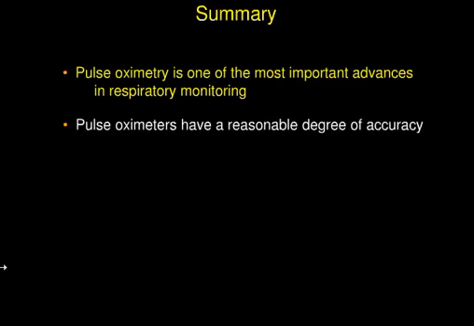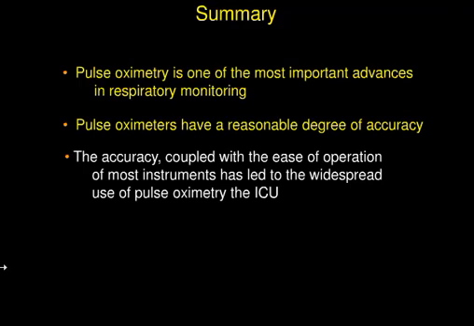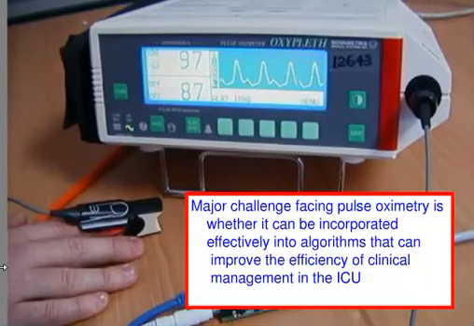Pulse oximeters have a reasonable degree of accuracy, and the accuracy, together with the ease of operation, has led to the widespread use of pulse ox in the ICU. I think the major challenge facing pulse oximetry is whether it can be incorporated effectively into algorithms that improve the efficiency of clinical management in the ICU.